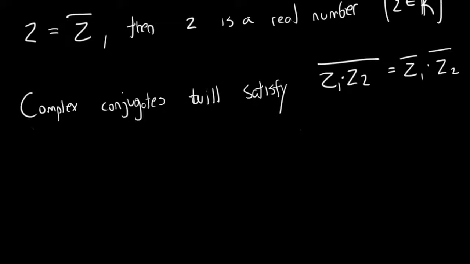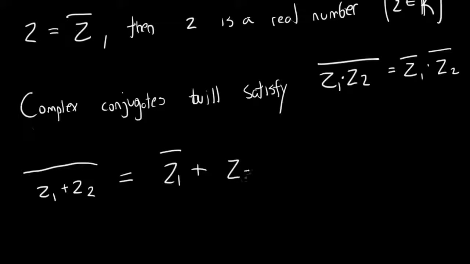And then we will see the way that if we were adding them as well, it's going to apply. So if we were adding z1 and z2 and then taking the conjugate, this is the same thing as taking the individual conjugates and then adding them together. So it does not matter which way you add them or multiply them when you go to take the conjugate.